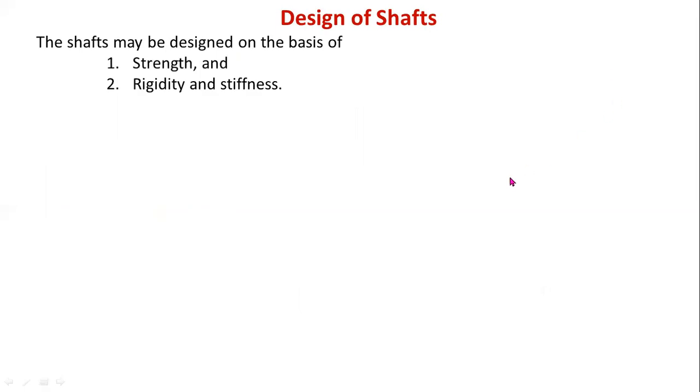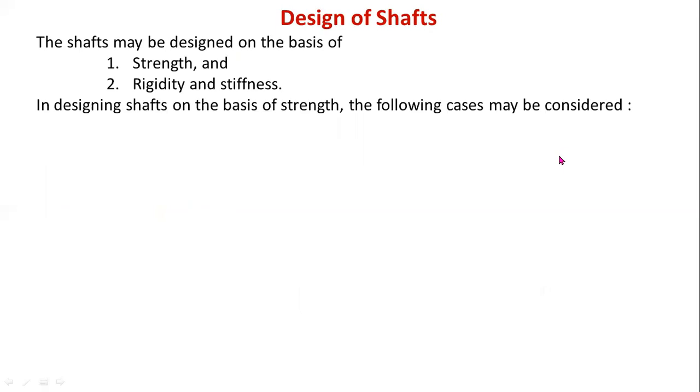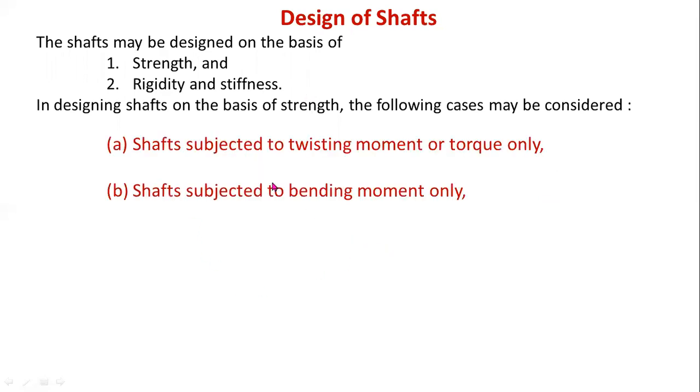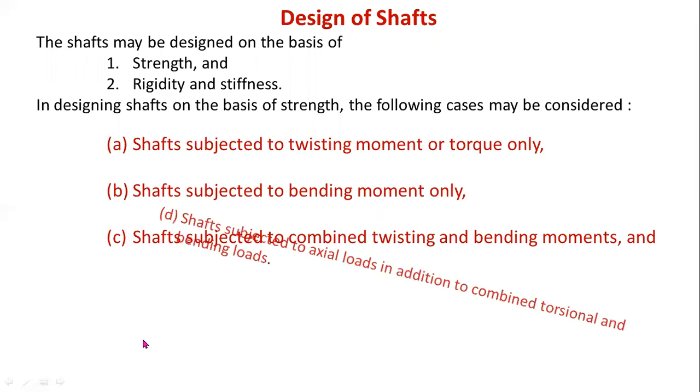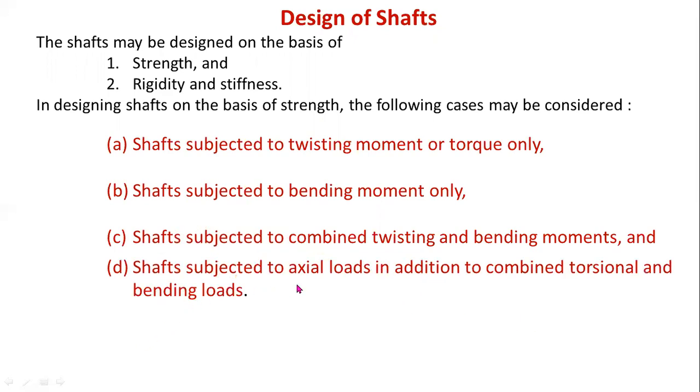The shafts may be designed on the basis of strength and rigidity or stiffness. In designing shafts on the basis of strength, the following cases may be considered: shafts subjected to twisting moment or torque only, shafts subjected to bending moment only, shafts subjected to combined twisting and bending moment, and shafts subjected to axial loads in addition to the combined torsional and bending loads.